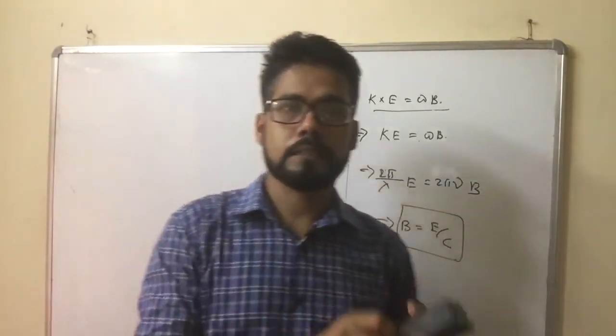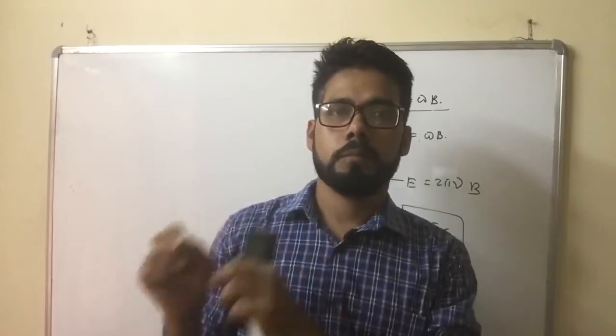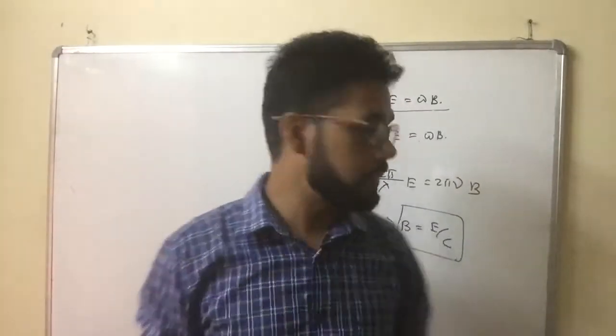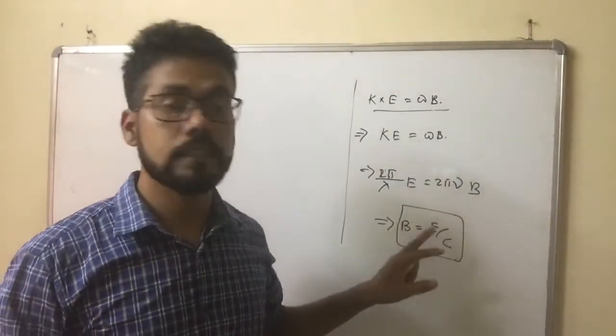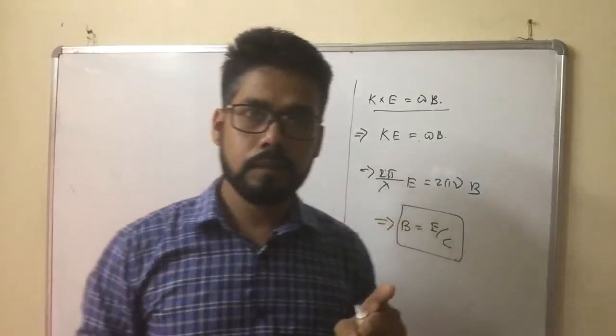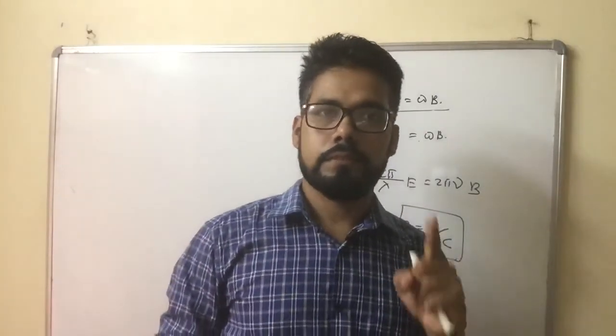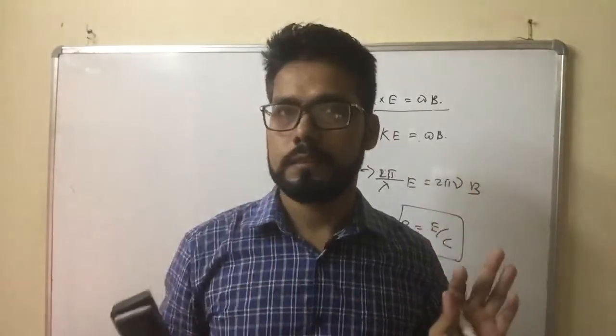They have clearly mentioned that polarization of electromagnetic wave conventionally means polarization of the electric field. Why? Because B is C times smaller than E. But the energy of the electromagnetic wave is equally shared by the electric field as well as the magnetic field. Clear?